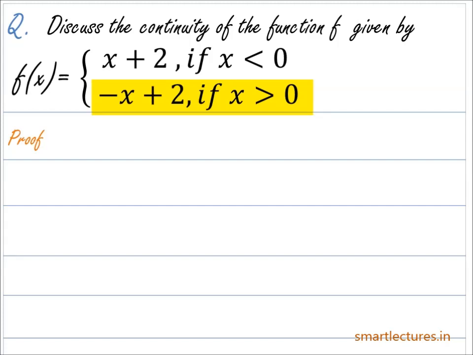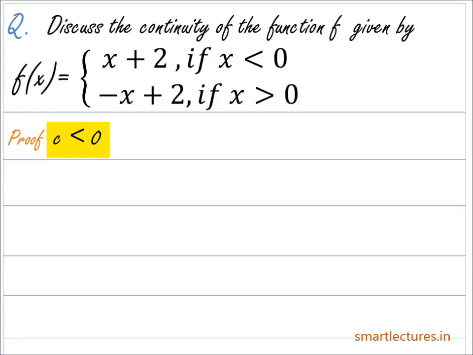So to check whether this function is continuous or not, we shall check the continuity of this function in both the domains. In the first case, suppose we have a point C which belongs to the domain D1, or you can say C is less than 0. First of all, let's find the limit of this function.